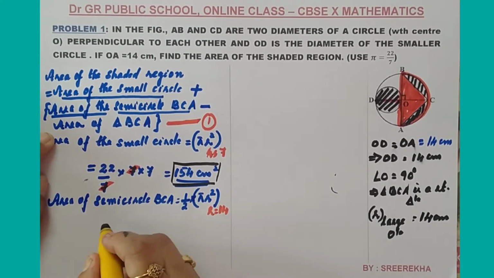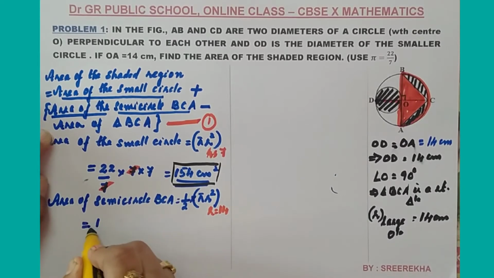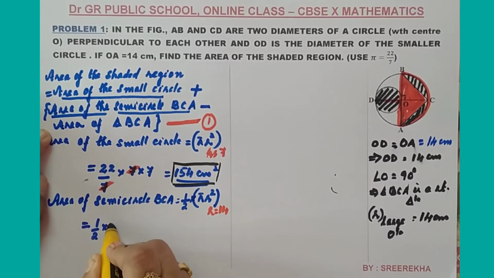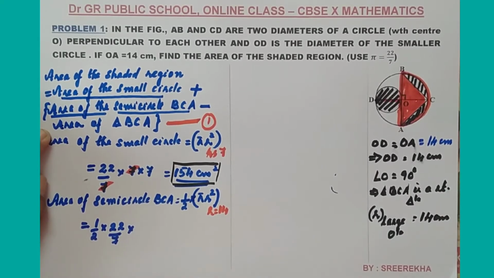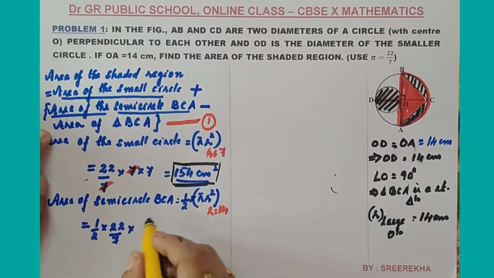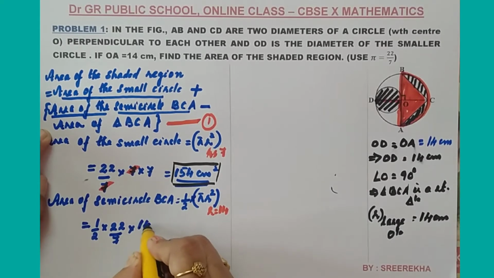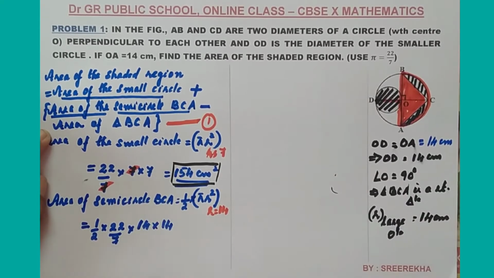Now I am going to substitute the values, which is equal to half into the value of pi, 22 by 7, into what is the radius r given in the question? The radius r is 14, so r square is 14 into 14. Okay, we can do the simplification. 2 cancels with 22, 11 times. 7 cancels with 14, 2 times.